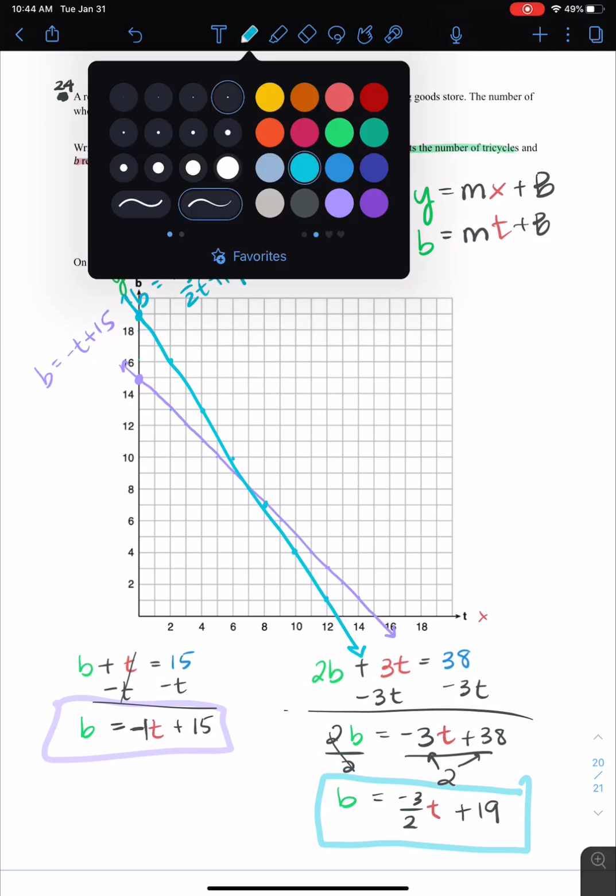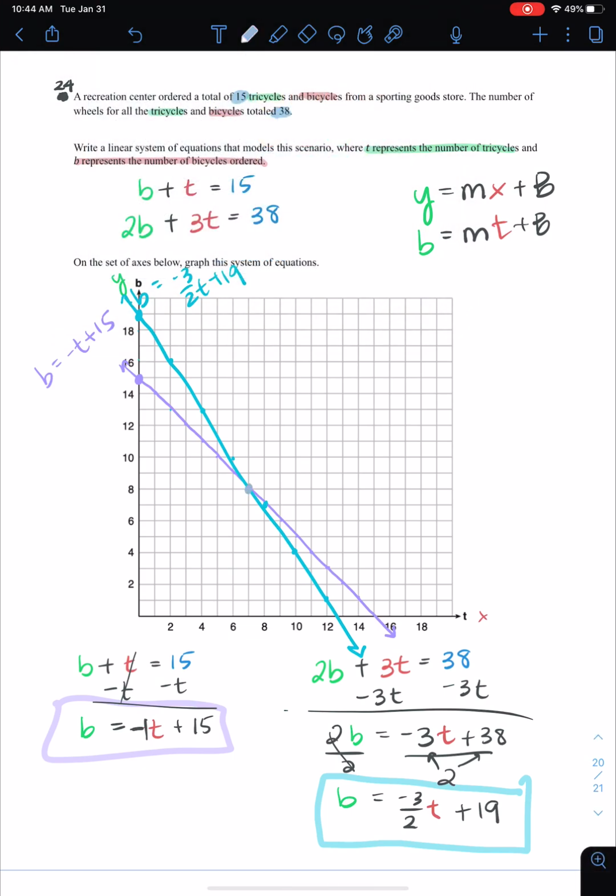And here is our system. And where they intersect here just represents when both equations have the same number of wheels. So the solution would be 7 tricycles and 8 bicycles. So the answer would be 7, 8.